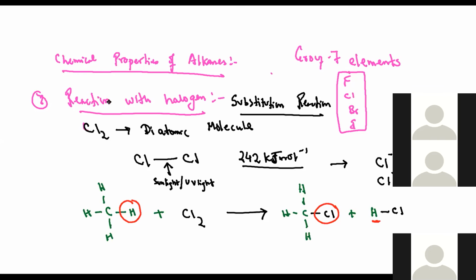ধরো যে in a classroom there are like 20 chairs, and if there are already 20 students present in that class and suddenly there is one new student who got admitted to the class, can you accommodate that new student into the class?